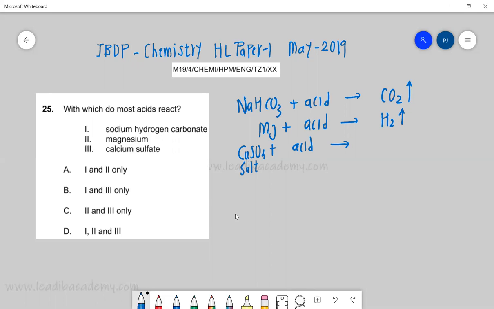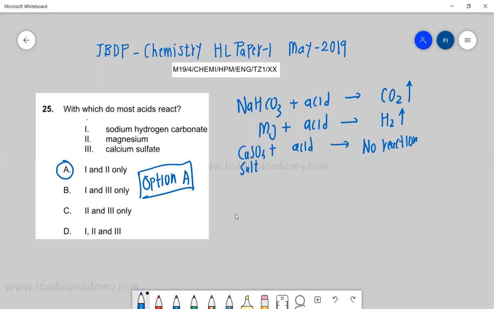That means it is basically the product of acid and base. No reaction. Simple. It cannot react. So what are the correct options? 1 and 2 only. So this is the correct option, option A. Very, very simple, based on the properties of the acids.